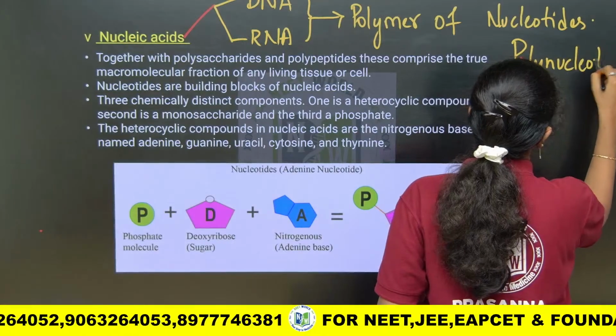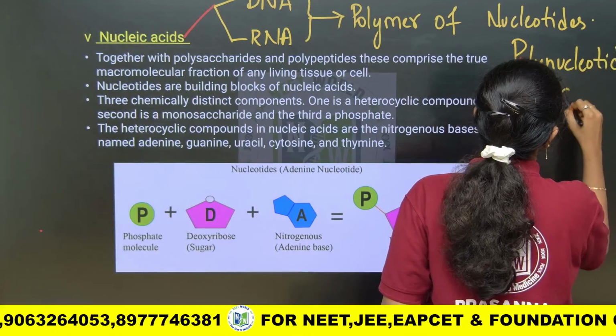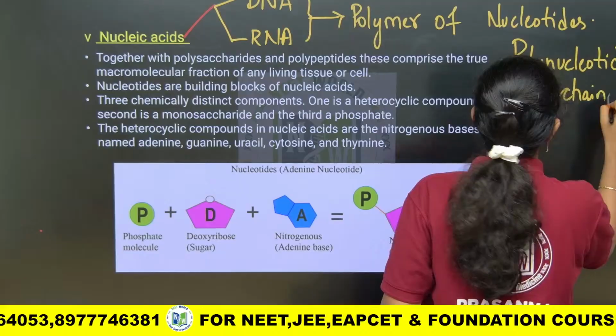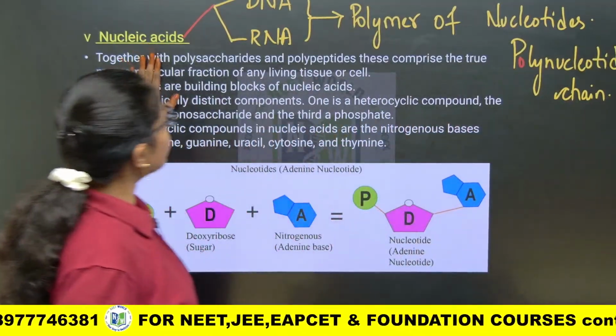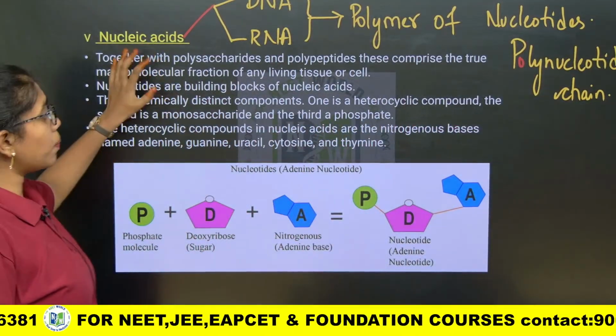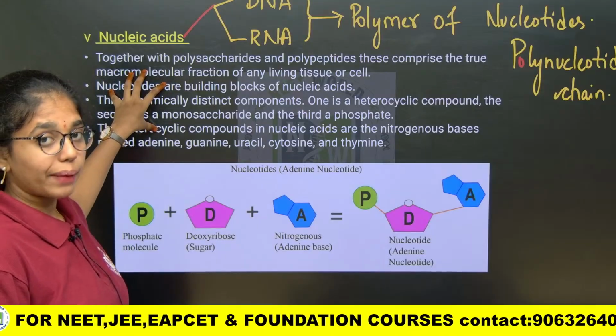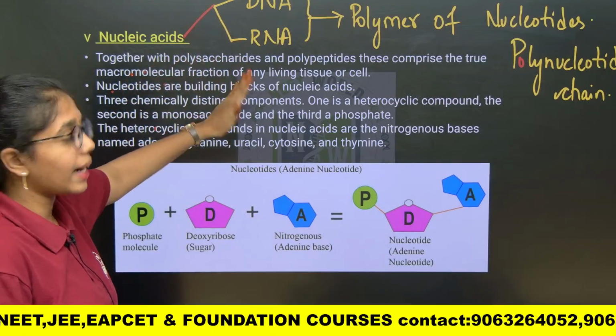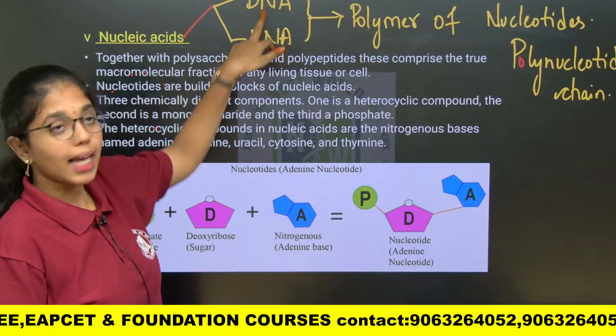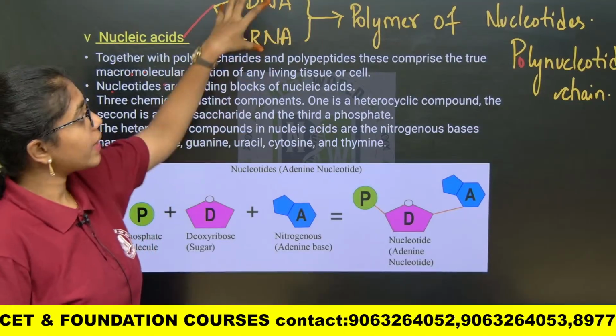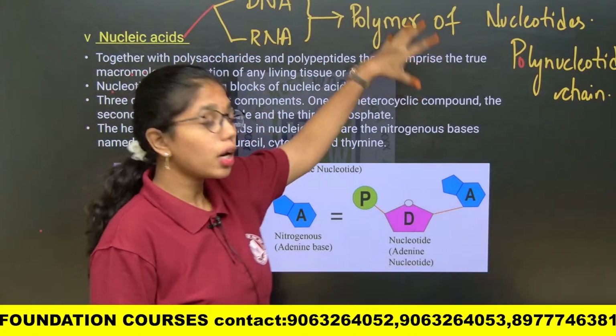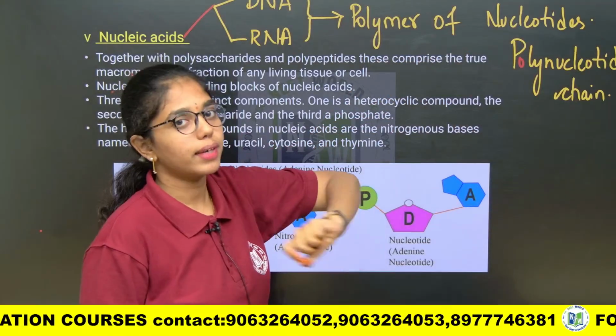Here you look into nucleic acids. The best examples of nucleic acids that we will learn are DNA and RNA, deoxyribonucleic acid or ribonucleic acid. They are said to be polymer of nucleotides or polynucleotide chain.